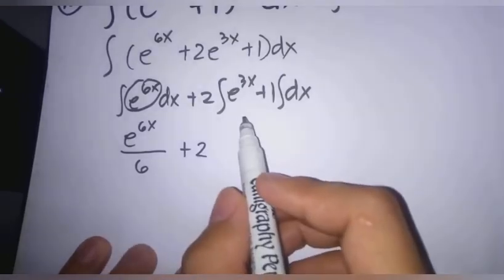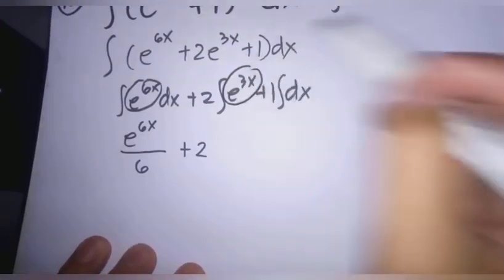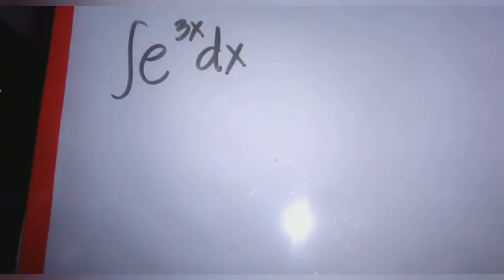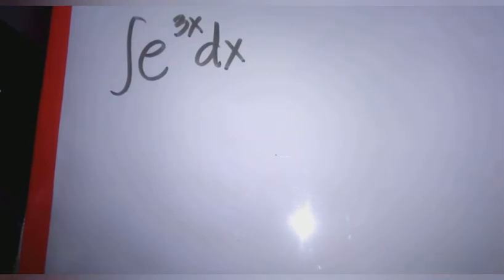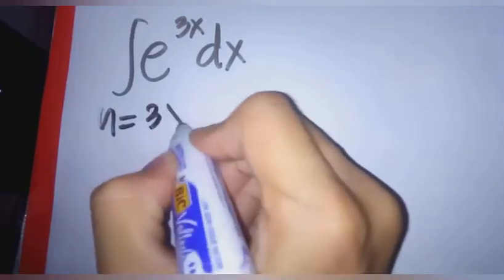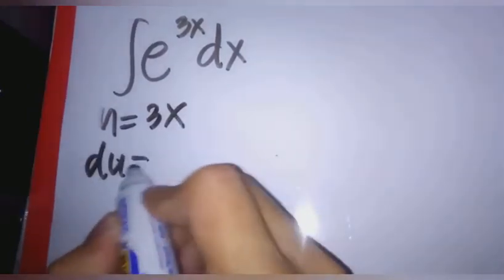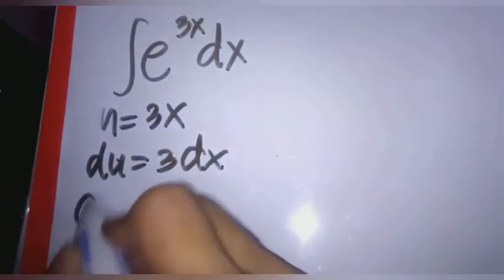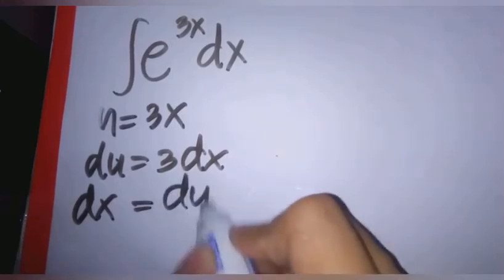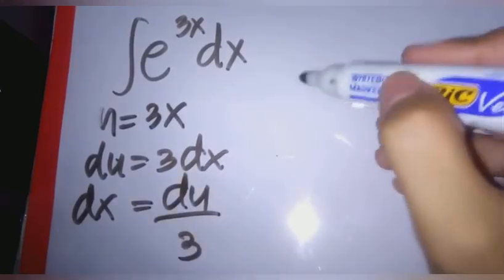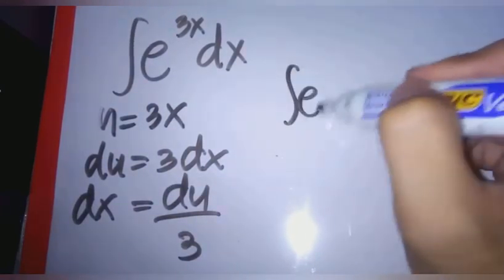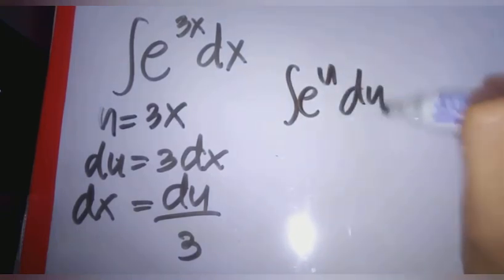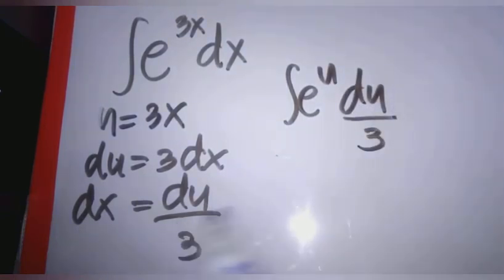Ngayon, ang isusunod na natin i-integrate ay ito, si 3x. Yan, so, e raised to 3x dx. So, let u substitution, u is equals to 3x, du, that is 3 dx, and then dx is equals to du over 3. So, let us integrate. So, e raised to u du over 3. So, yan na siya.